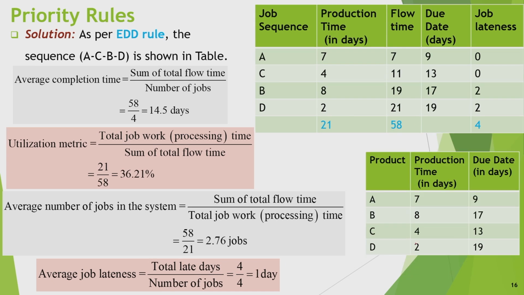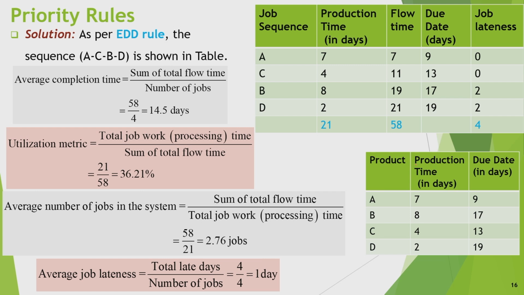Now if you do it by the EDD rule, that means earliest due date, then the jobs will have to be done in the order ACBD, because A has to be given on the 9th, C on the 13th, B on the 17th and D on the 19th.